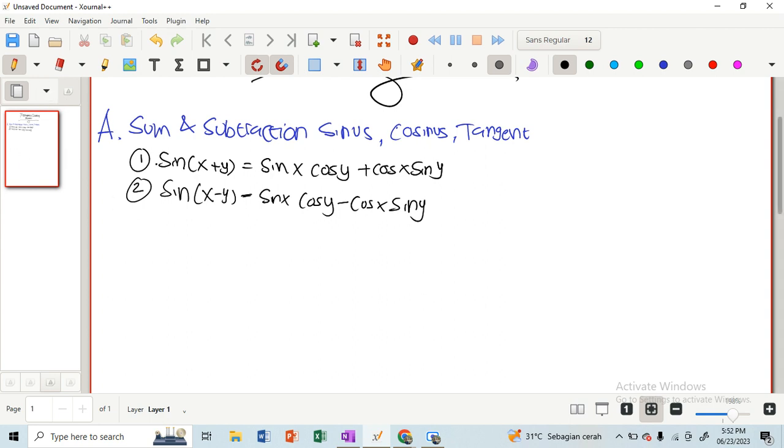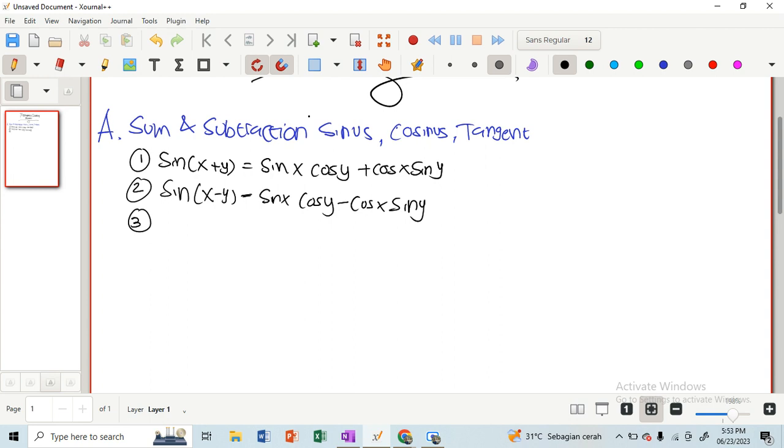Now, if I want y to be equal to x, it is just the same as x plus x, and we can simplify that into 2x. So sin 2x, that's the double sine formula.